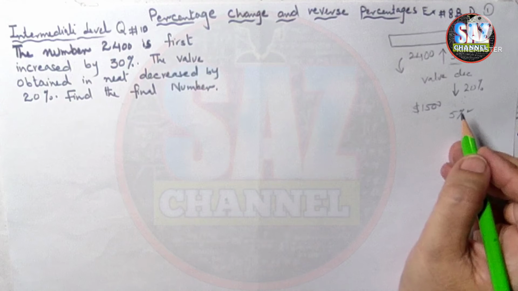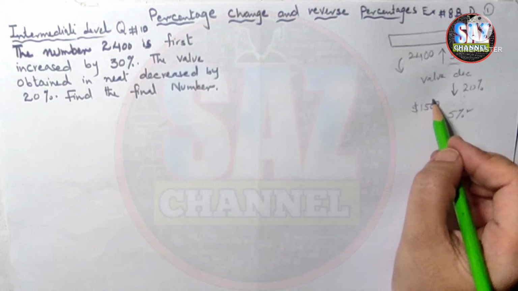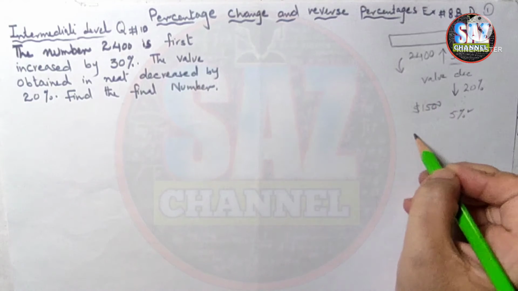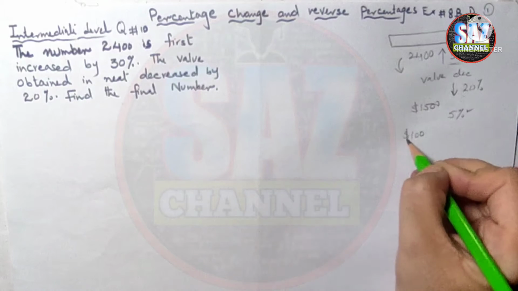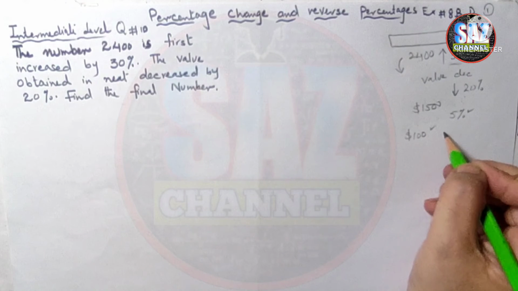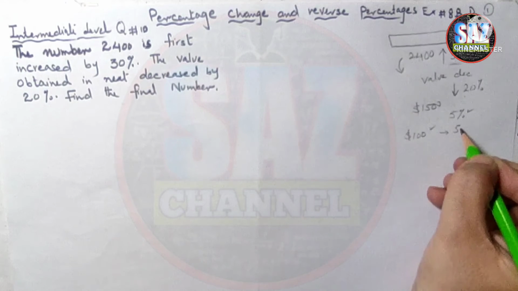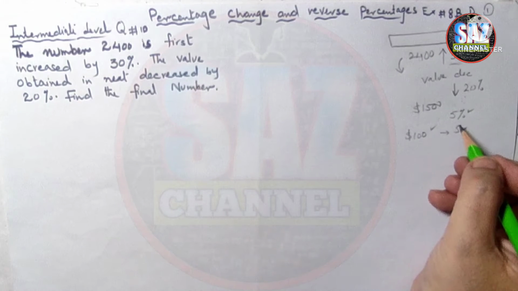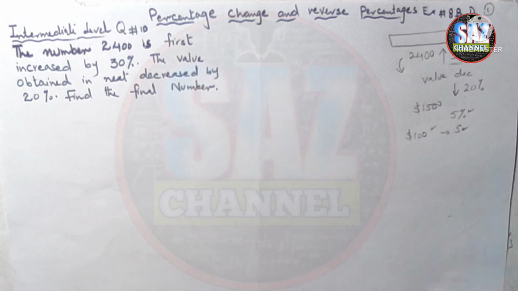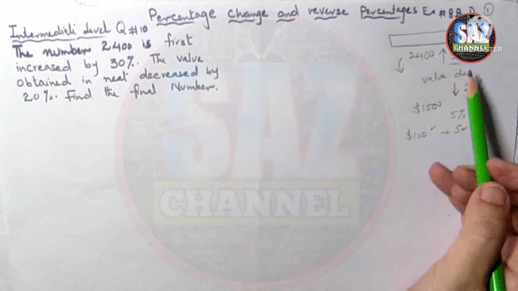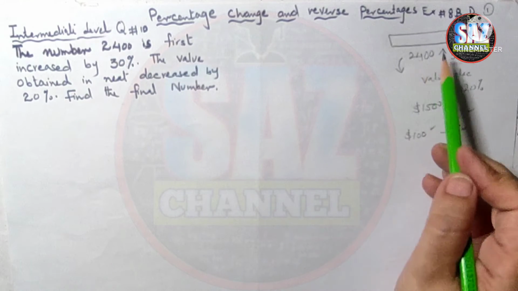That means that if initially we were getting 1500 per month, for every $100 of the original, now there is the increase of what? Increase of $5. So instead of 100 originally, we will be getting 105. So it means that if there is the increase of 30%, that will become 130%.